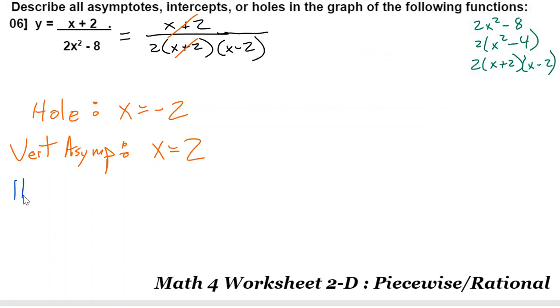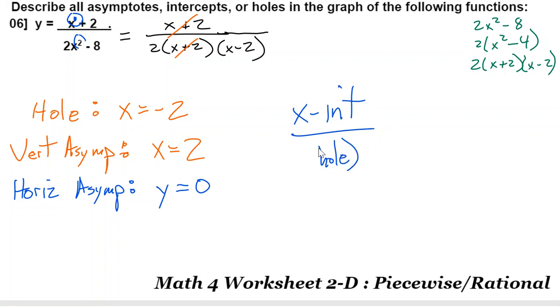And as to the horizontal asymptote, I have an x to the 1 on top. I have an x to the 2 on the bottom. That is bottom heavy. That means I am going to have an asymptote at y equals 0. Let's see, x-intercept.